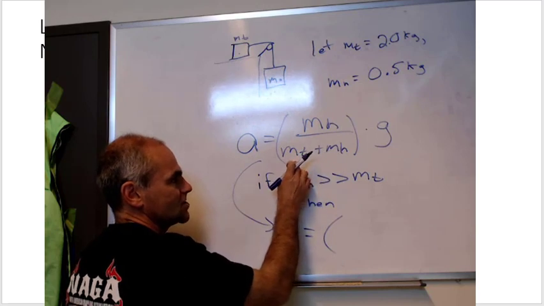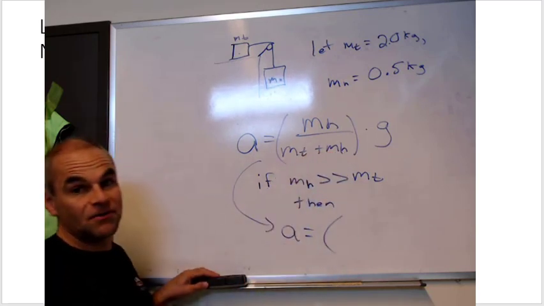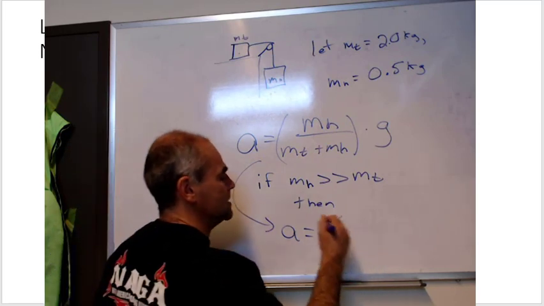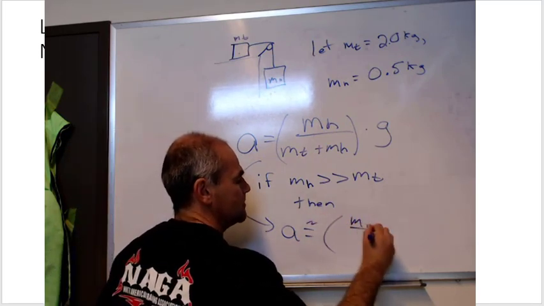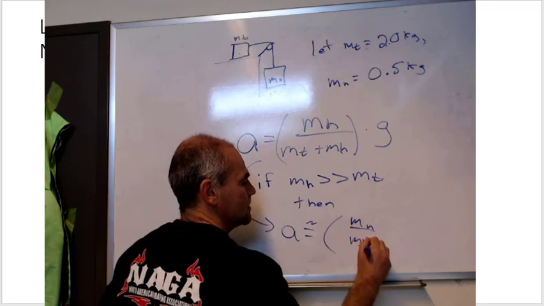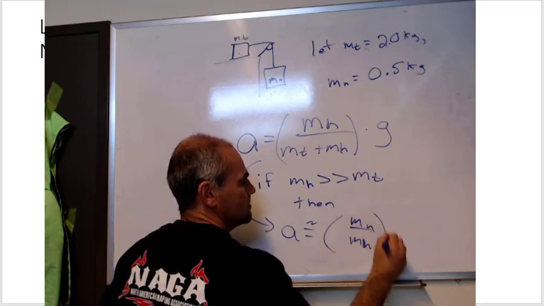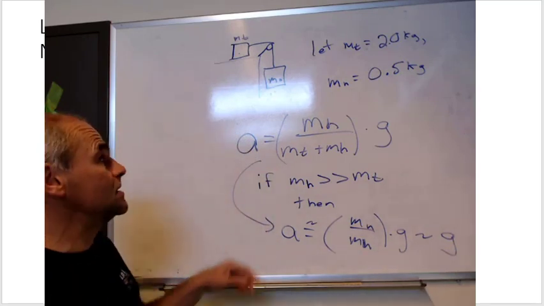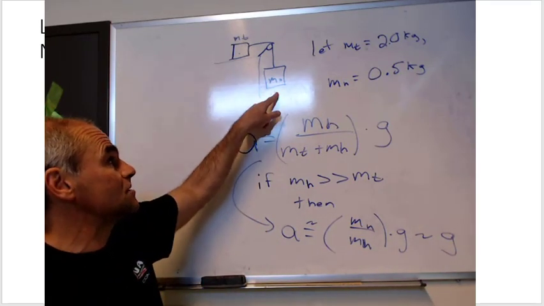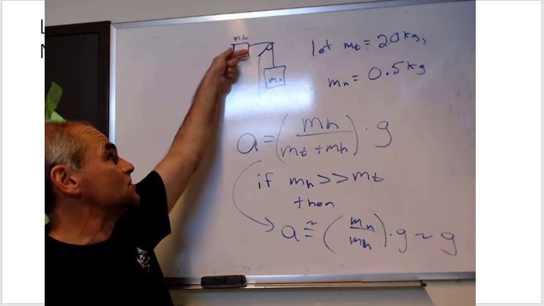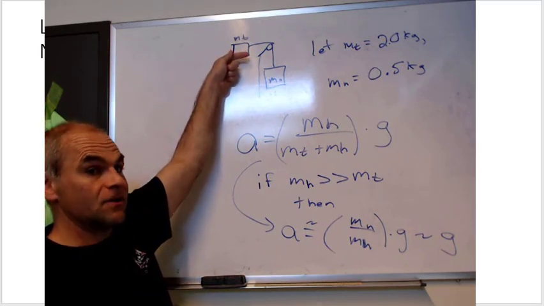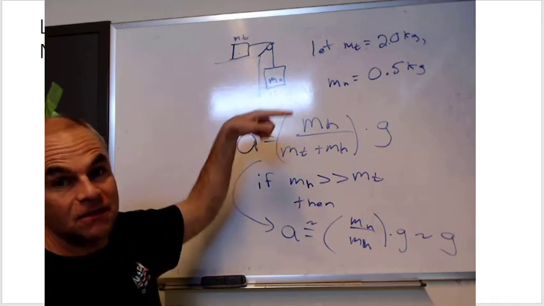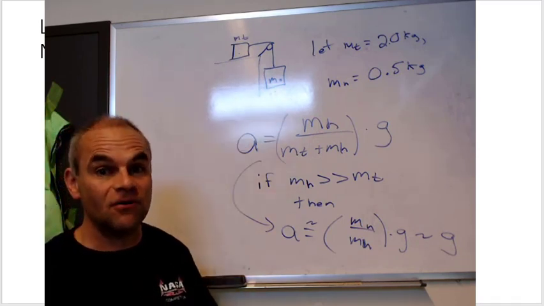If this is much smaller than that, then adding something really small to something really big is about equal to that same really big thing. So it's equal to approximately the hanging object mass divided by the hanging object mass, times g, which is about equal to g. So what that means is when this object gets really small and that one gets really big, that one's going to accelerate to the right with an acceleration of about g. That one's going to accelerate down with an acceleration of about g. In other words, it's going to be as if it were in free fall.